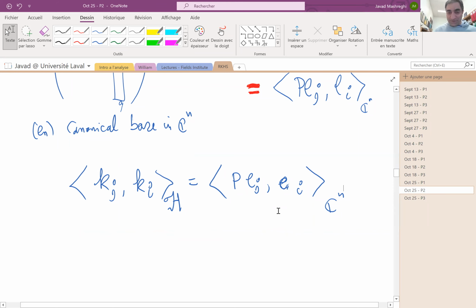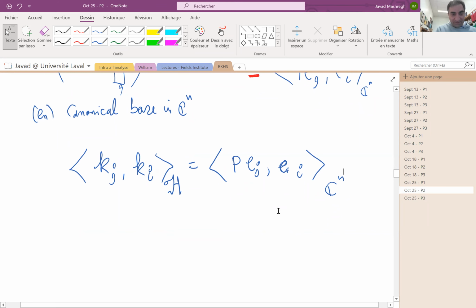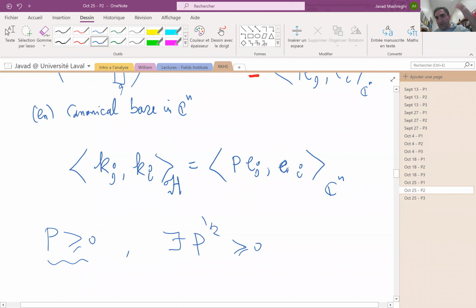And the trick to do this is to note that when P, or any other matrix which is positive, there is a square root of this. There is P half, which is also positive. That's another matrix which is positive.